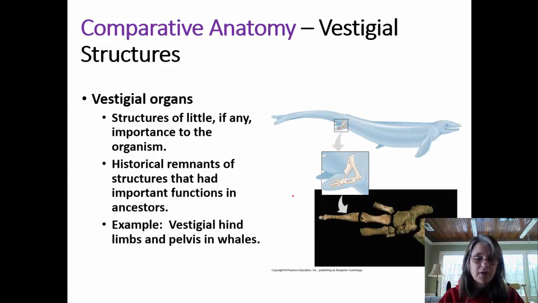So, for example, we see in certain whales these vestigial or useless hind limb and pelvic bones that are useless in a water-based swimming animal, but had use in the whale's once ancient land ancestor. Okay?